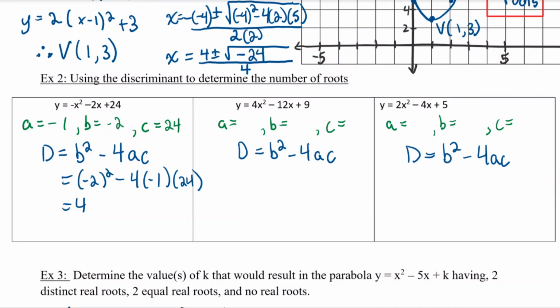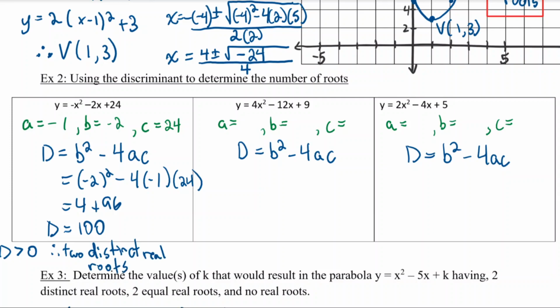So we've got negative, so it's plus 96. Our discriminant turns out to be 100. Because the discriminant is greater than 0, that is going to mean that we have 2 distinct real roots.